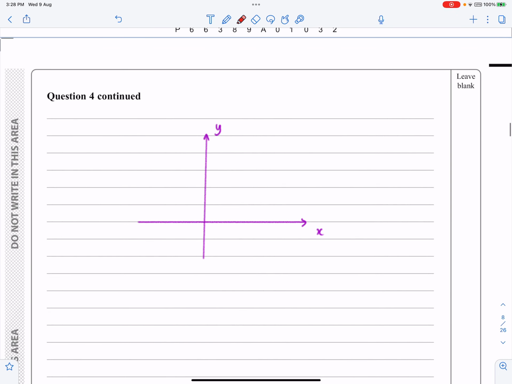So what I've done in advance is just to draw out a set of axes here. As I said, the first thing I'm going to try and do is draw the graph of y equals 3x plus a. y equals 3x plus a is a straight line. It has a gradient of 3, which just means it's positive.